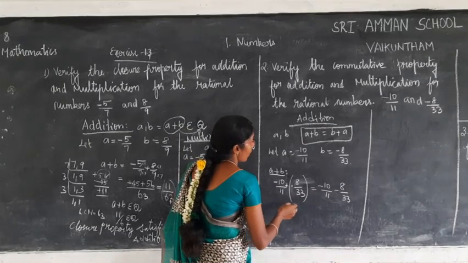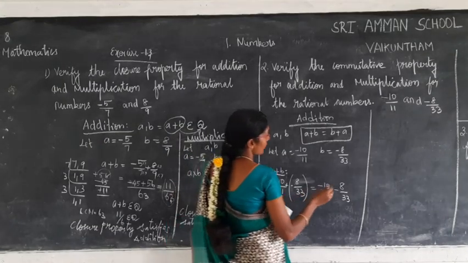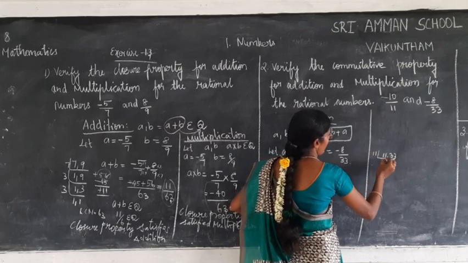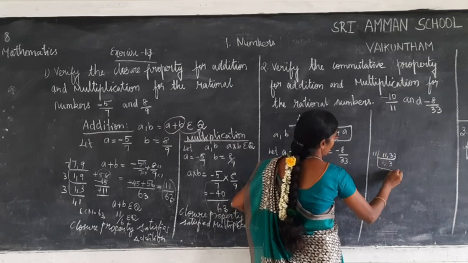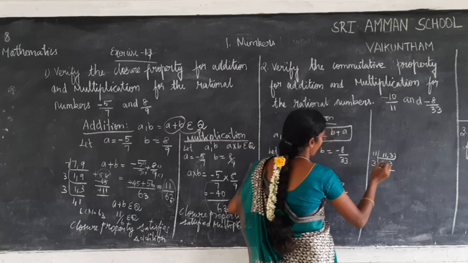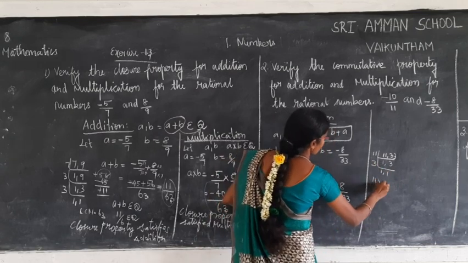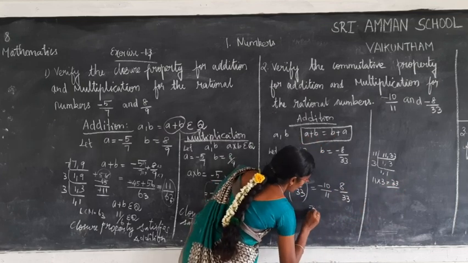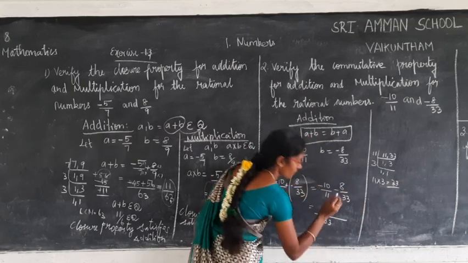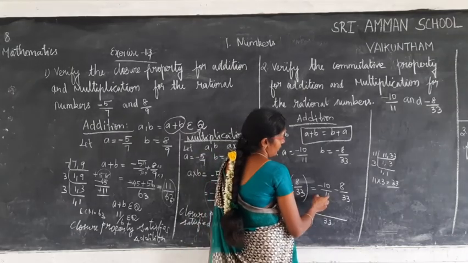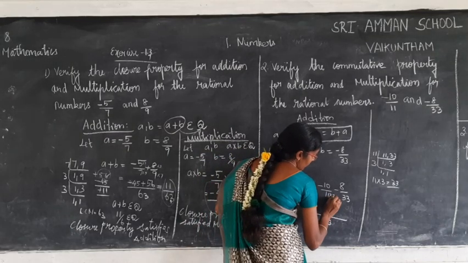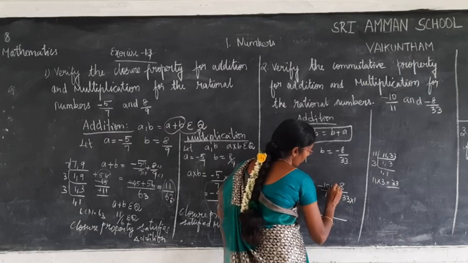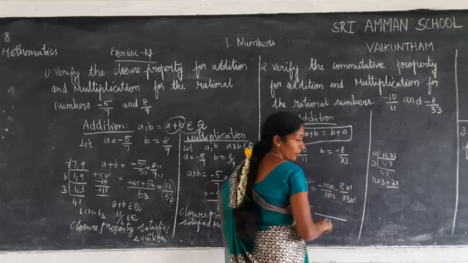Okay, so you have to take LCM. How will you take LCM? 11, 33. So 11 3s are 33, and 33 1s are 33. So LCM is 33. Here you have to multiply by 3, here you have to multiply by 1.